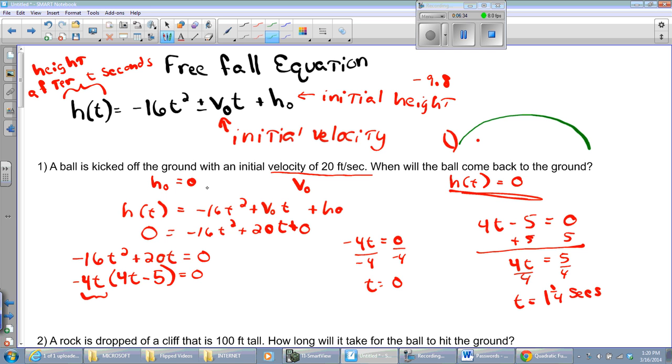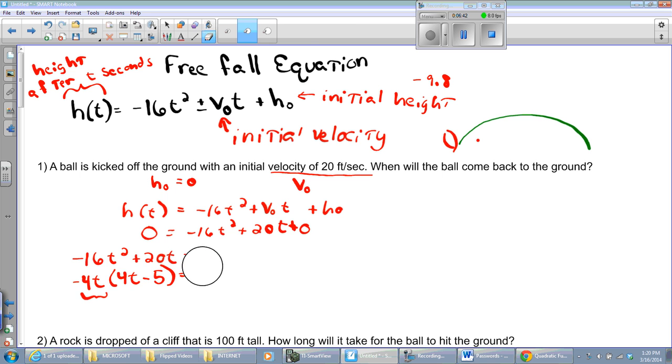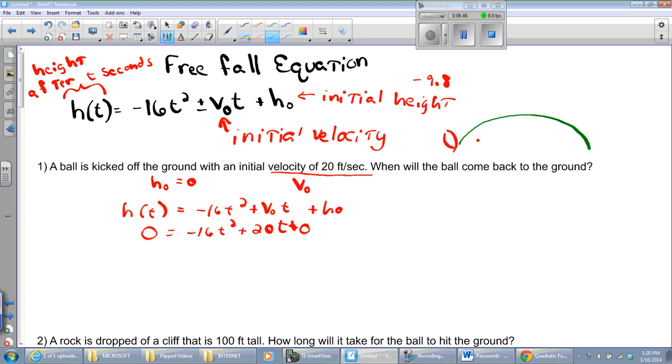Okay, now, let me show you how to do this with the quadratic formula, because there are some situations where factoring won't be practical. So let me get rid of this. So here's my A, B, and C, right? A, B, C. Easy as negative 16, 20, 0.